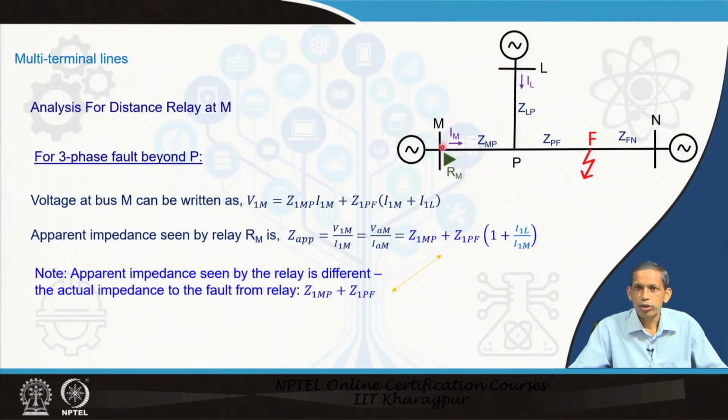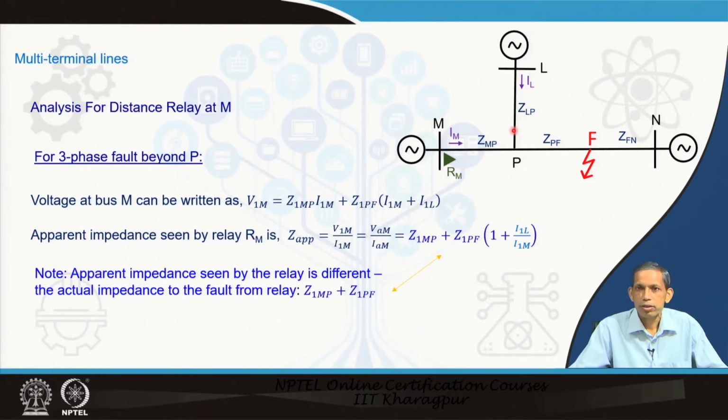So, this is the 3 terminal line and we have the tap position P, where a source is being connected at bus L. We have the M and N line, and we are observing the relay at Rm. Similarly, you can consider the relay at L and N also.